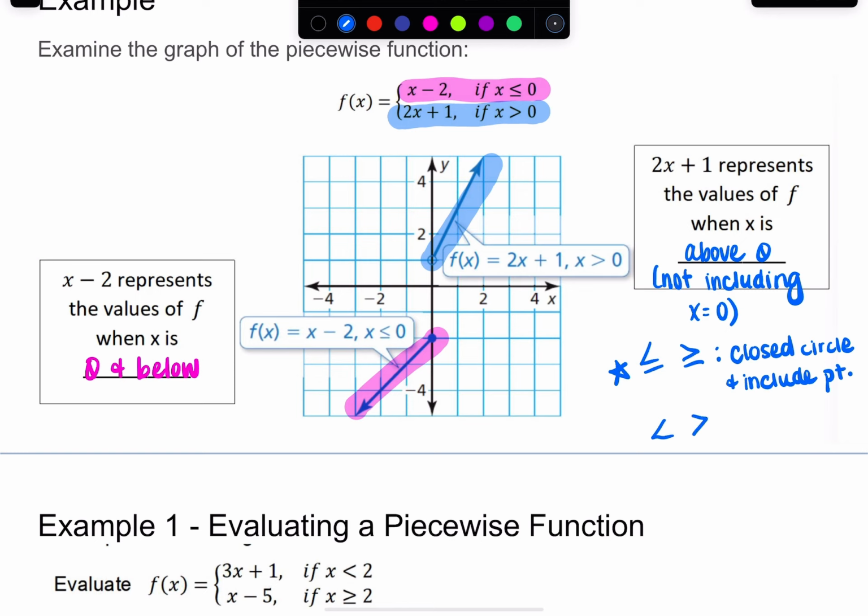If it does not have the equal to, so it's just less than or greater than, it's going to have an open circle, and it does not include that point. That point is just a starting point for that line.